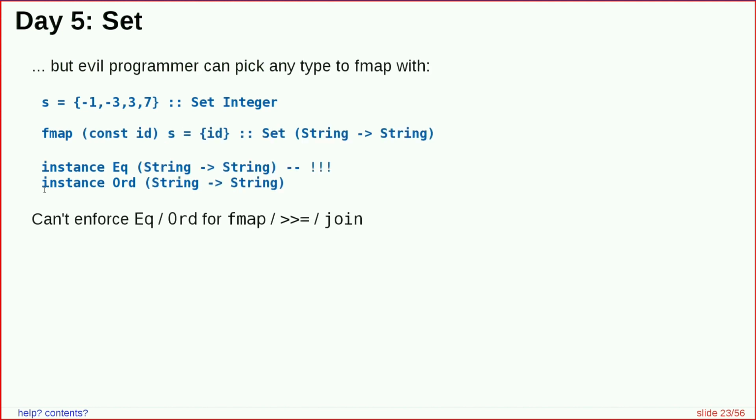Okay, but what about if I want to fmap some other function? So I'm going to fmap const id. That's going to give me a set of string to strings, for example, or something to something. Okay, to make that work, well, if you're on paper doing your maths homework, you can say, well, it's always the id function. So we'll end up with a single element set called id.